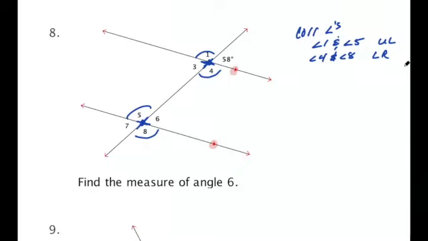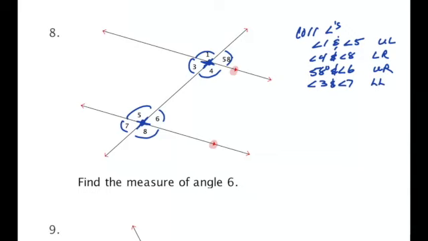So we've got angle 2 is corresponding to angle 6. They're both upper right. And then you've got angle 3 corresponding to angle 7. They're both lower left. And so you get these corresponding angles.